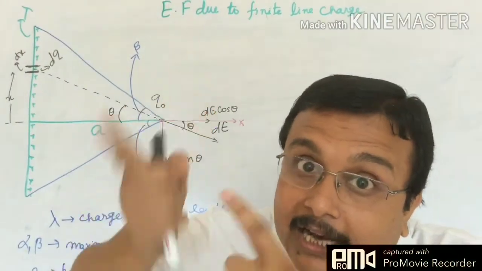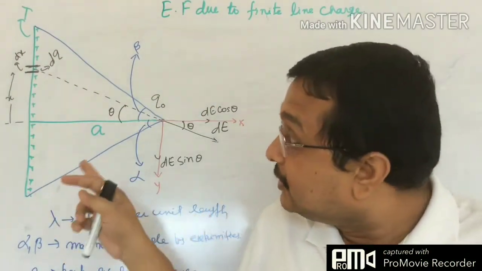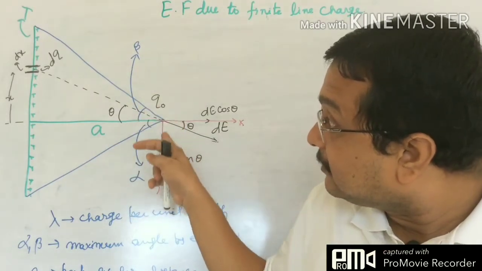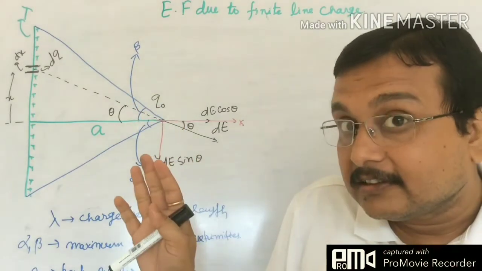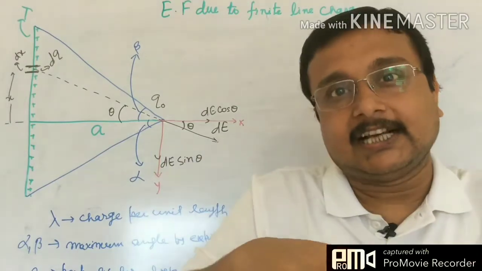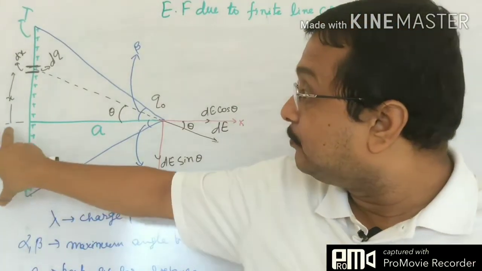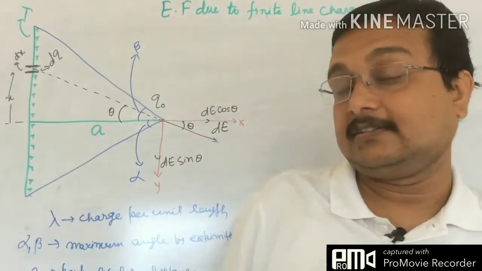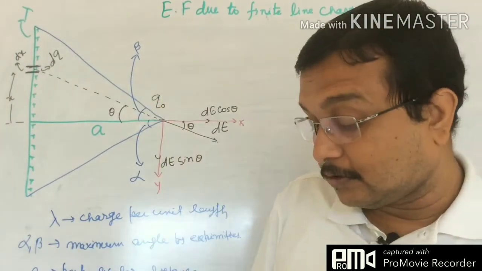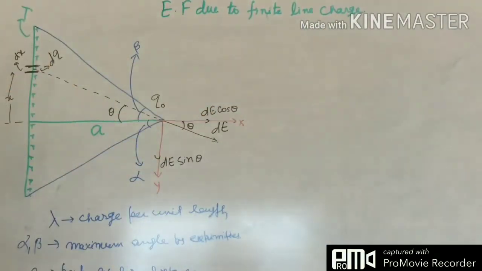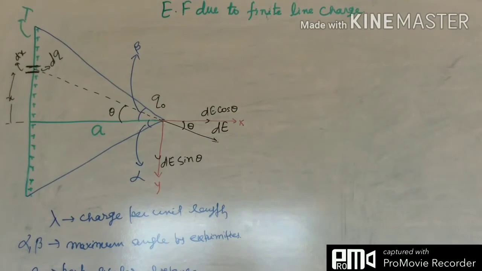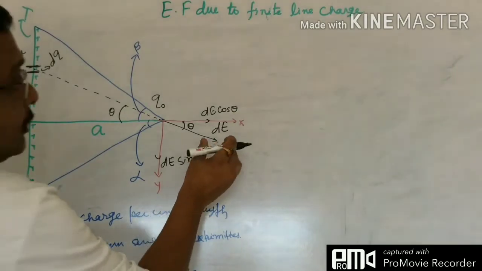In case of infinite long charge, these y components were getting cancelled, but in this case, because this length is not equal to this length, the y component is not going to cancel, and we have to find the value of x and y components separately. So what is the value of E?